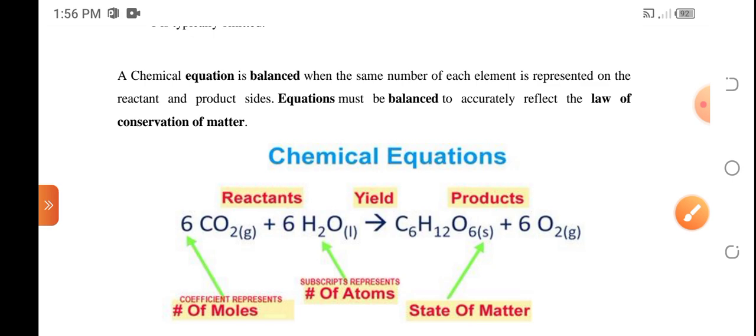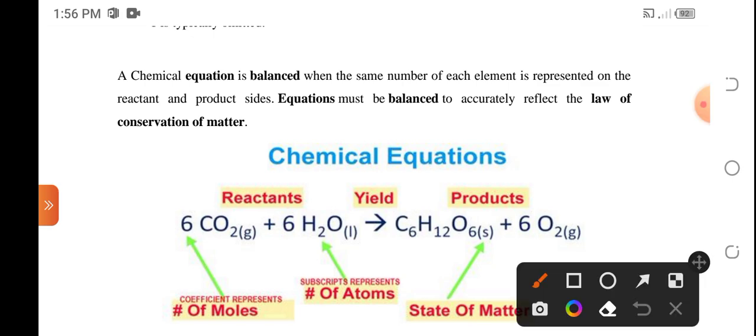Okay? Also, there are symbols for the physical states of matter of each substance involved in the reaction. For example, for carbon dioxide, the g there represents that it's in gaseous form. Water with an l represents that it's in liquid form.